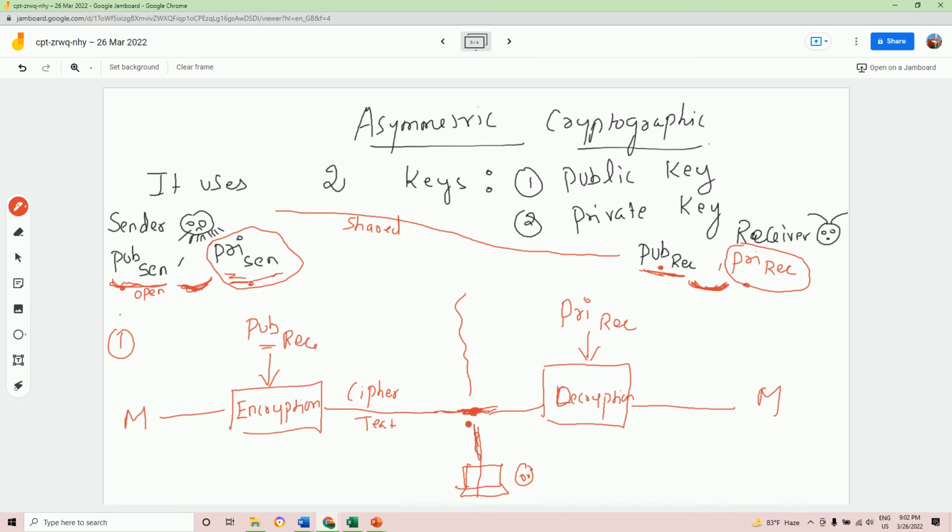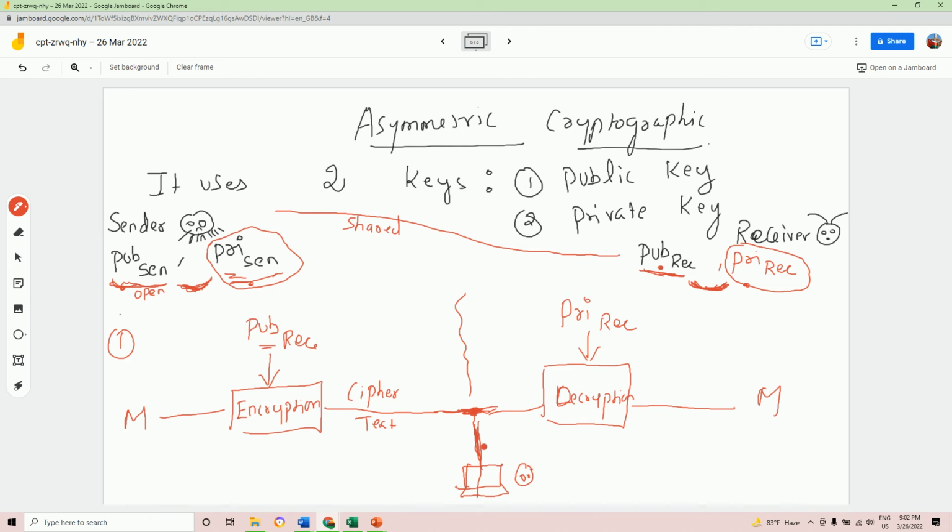However, there is no authenticity. There is no way the receiver can verify that this message really came from the sender. Maybe the attacker can also send the message in the name of the sender. This is called spoofing. This attacker can send the message acting like the sender.